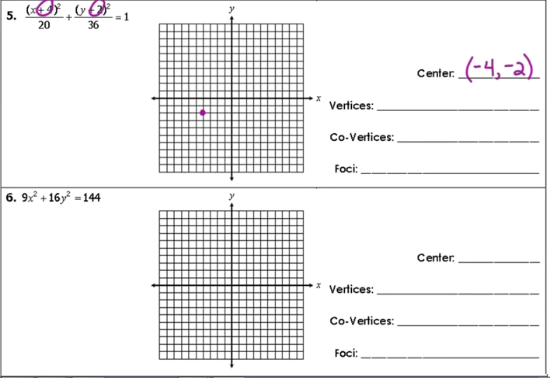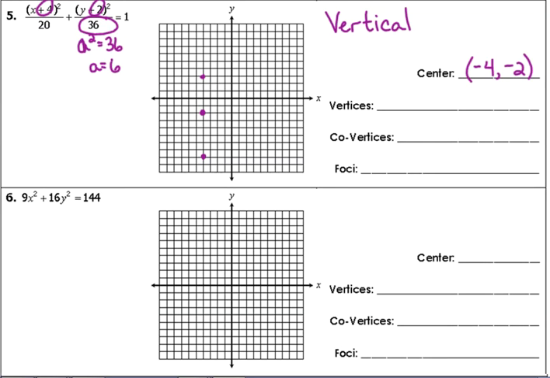Now, my vertices. The y was over the bigger number, so this one's going to be vertical. I'm going to make that note since the y was over the bigger number. So a squared is equal to 36, so that means a is 6. I go up 6 units from my center, and I go down 6 units from my center. 2, 4, 6.